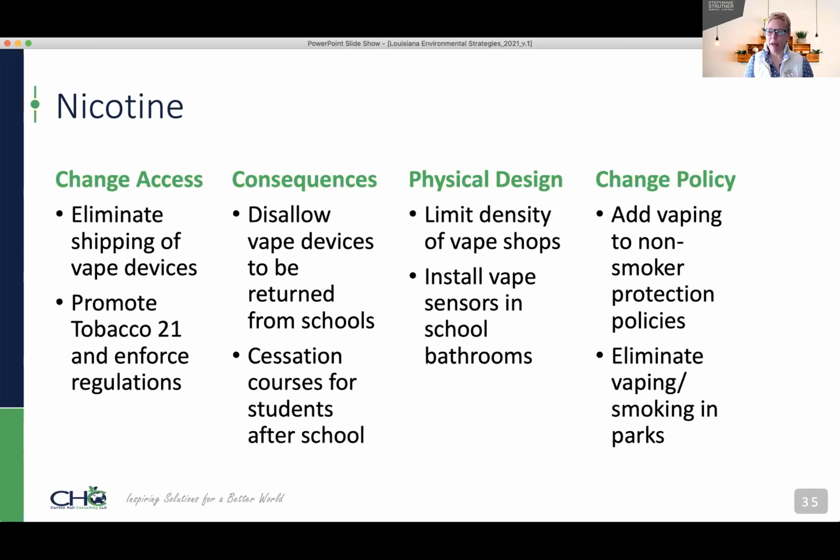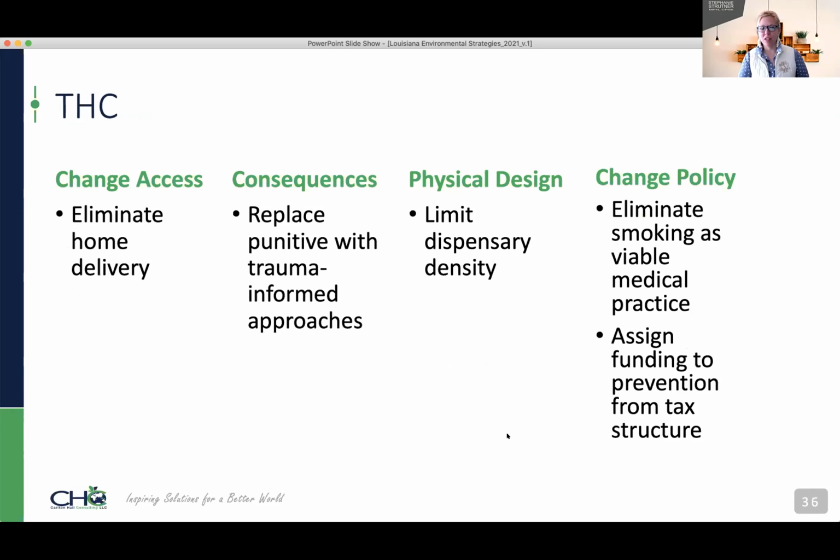And so rolling back some of those policies and offering cessation courses for students after school. So again, moving away from those zero tolerance policies into some policies that are more geared toward how we can support young people. Installing vape sensors in school bathrooms, adding vaping to non-smoker protection policies, eliminating vaping and smoking in public parks, even if it's outside.